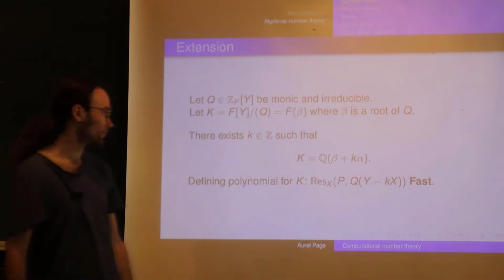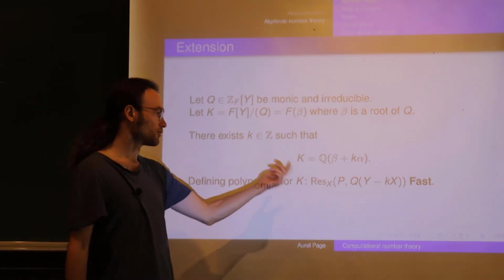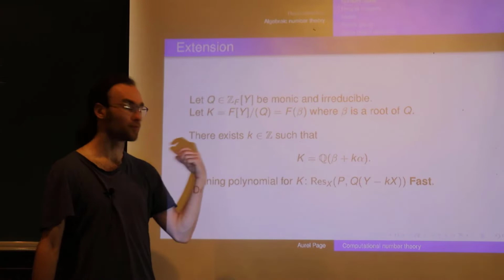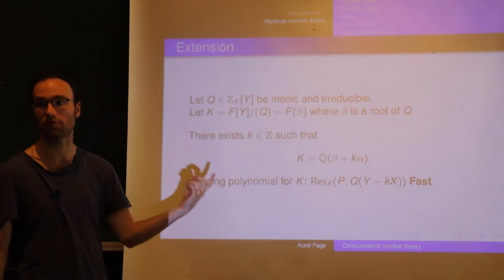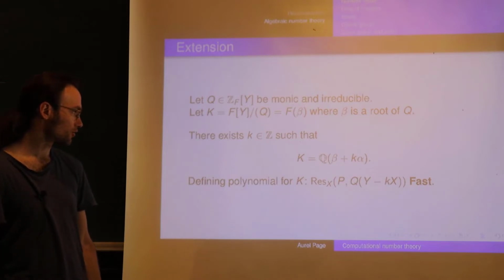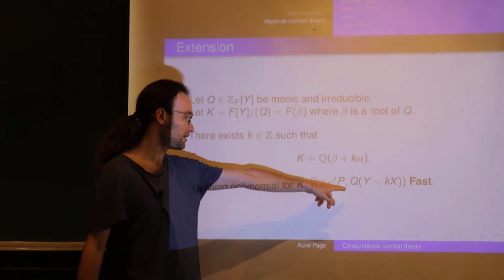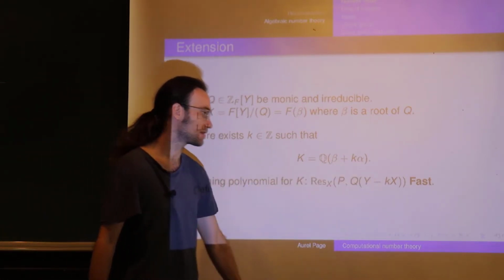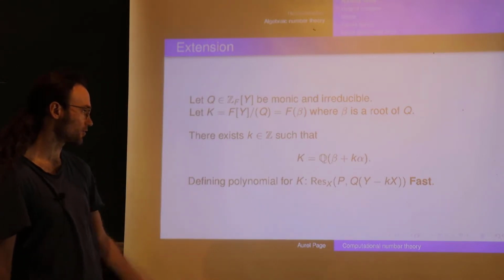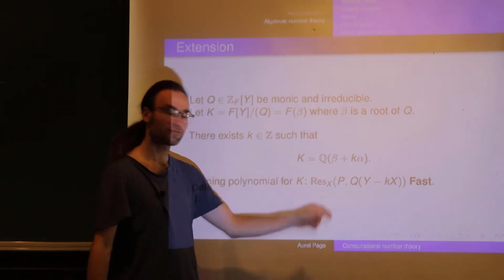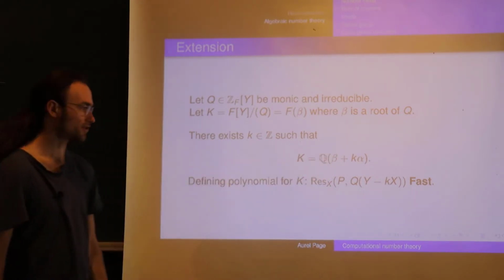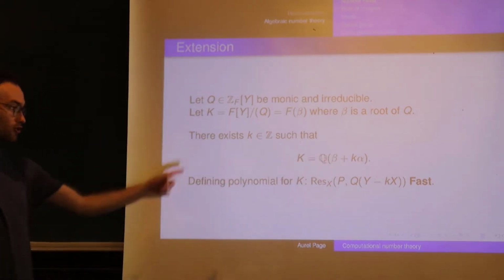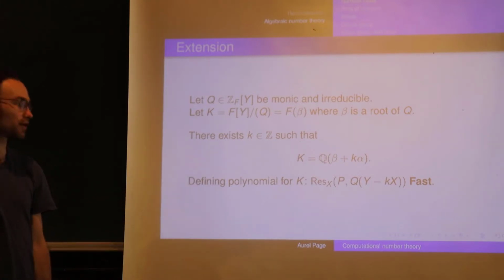Remember, we discussed resultants as a tool to manipulate numbers represented by a polynomial which has them as a root. So here we can simply take the resultant of p and q of y minus k times x, and if you work out what happens here in terms of the root of p, this will give you exactly this. So it's actually fast to find this new defining polynomial.